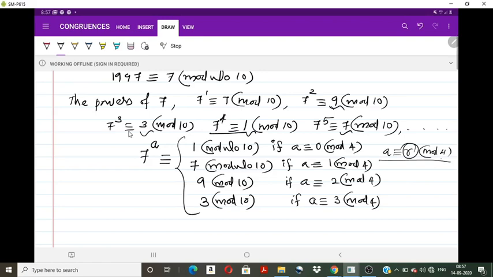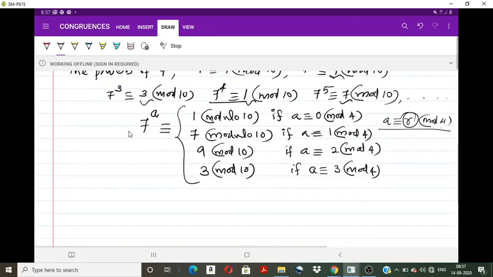So these are the digits. Now, here A is actually 1998 raised to 1999, which is again a power. So for this we have to consider first the base 1998.